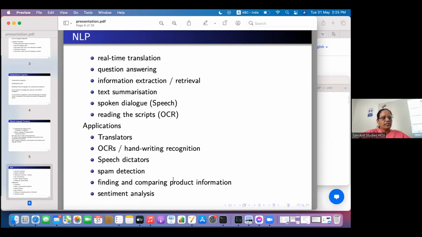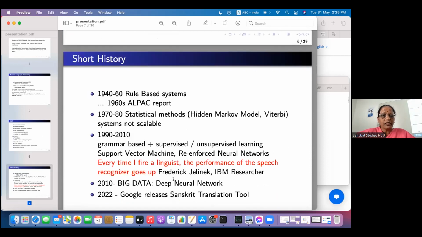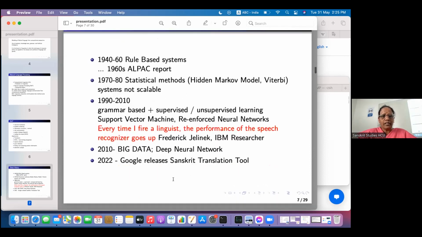These machines continuously watch what we do, and then they project the advertisements and so on. So this comes under sentiment analysis and natural language processing. So let me give a brief history of computational linguistics.